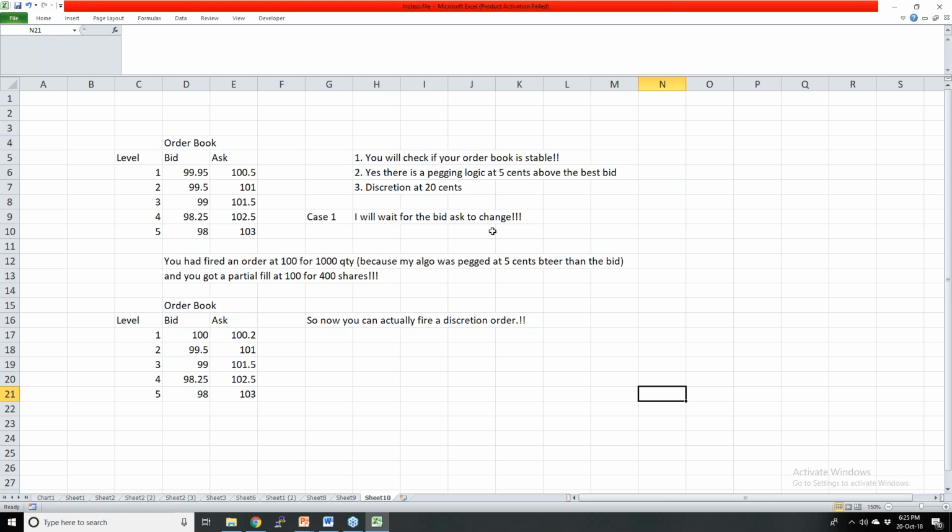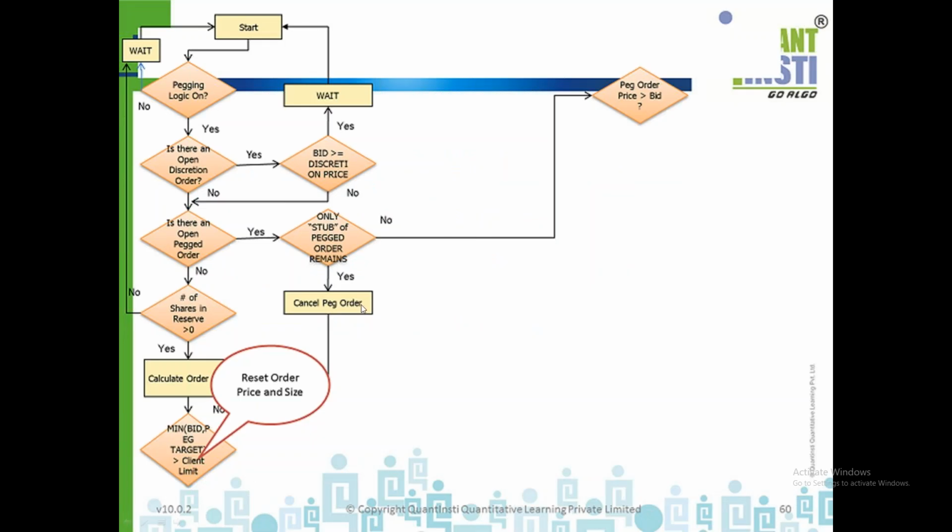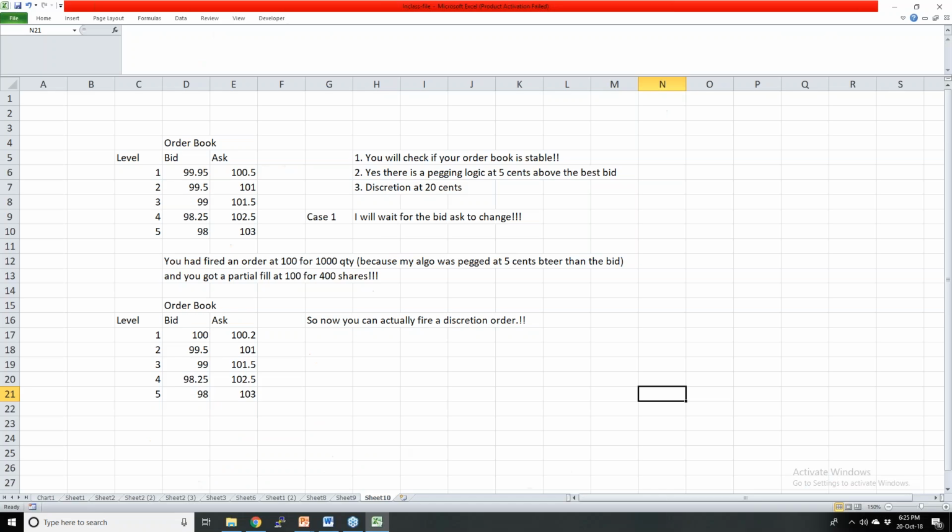So why would I cancel the pegged order if partial fills are detected? So okay, the question, you might cancel it.